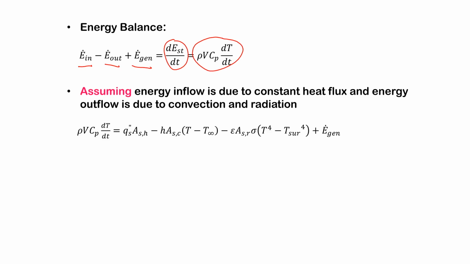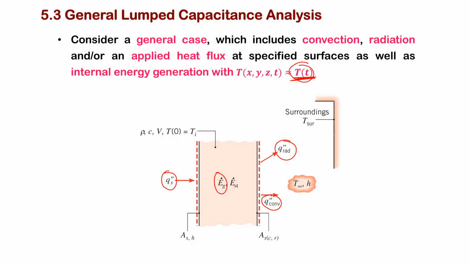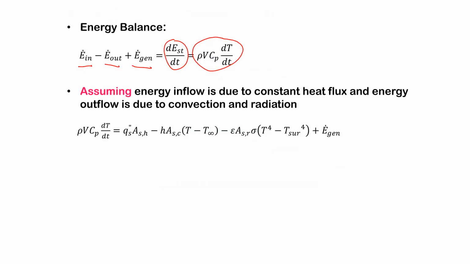So now we need to express the energy in and energy out terms. If you go back to the figure, we have constant flux coming into the system. Let's say the direction of the arrows shows the direction of the heat transfer, and in this case the constant flux is entering the system. So we need to multiply that flux with the corresponding area for the constant flux.